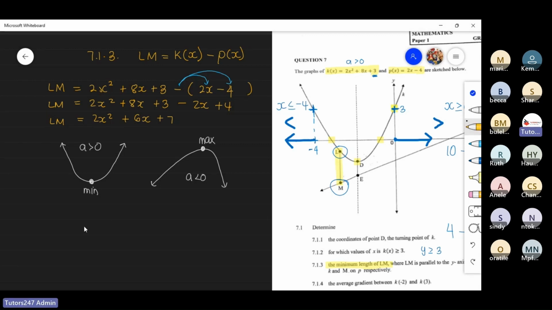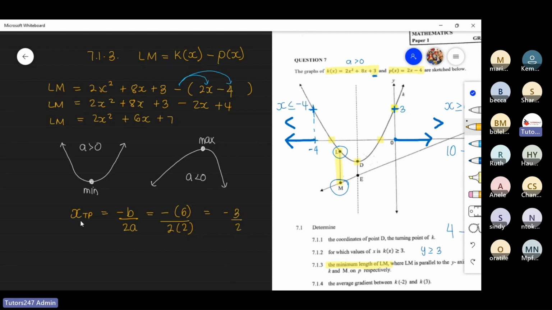So the turning point of LM, so we'll say x of TP equals negative b over 2a, whereby b is that 6 value, so it's going to be negative into 6 all over 2 times a, which is positive 2. From here, we will end up with negative 3 over 2.